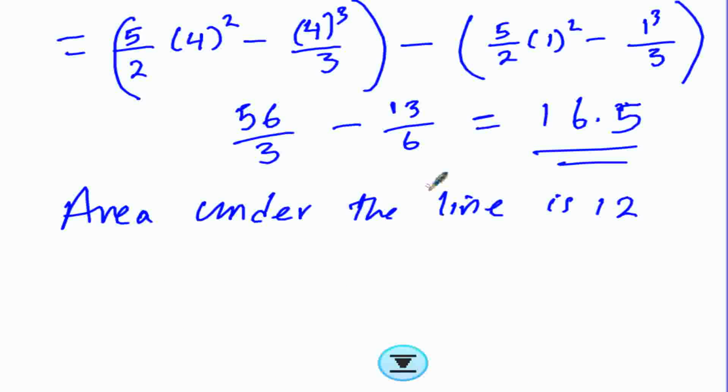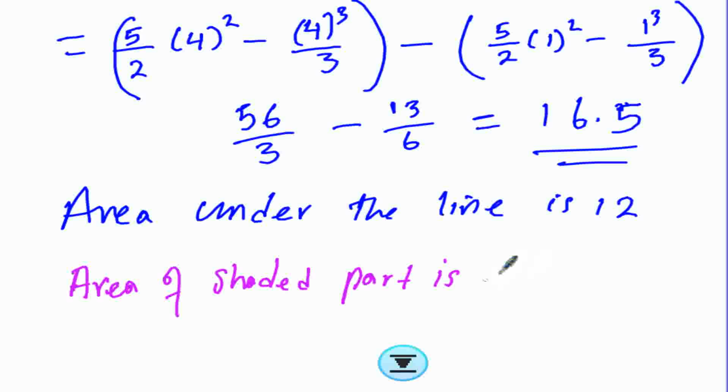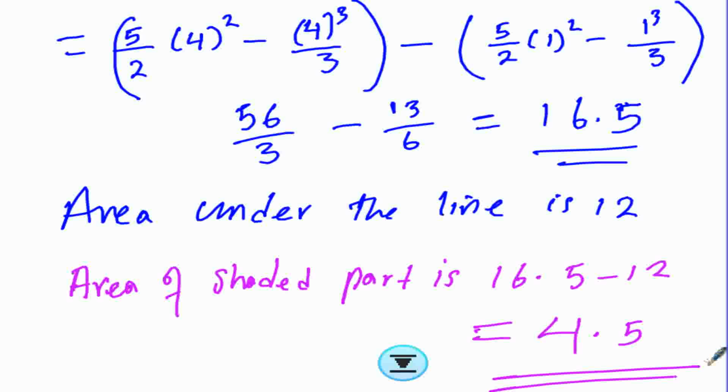So the area of the shaded part is 16.5 minus 12, which gives us 4.5. So this one becomes our final answer.